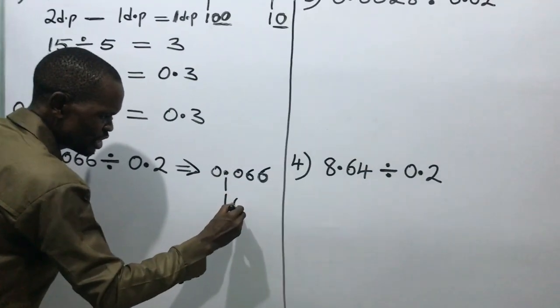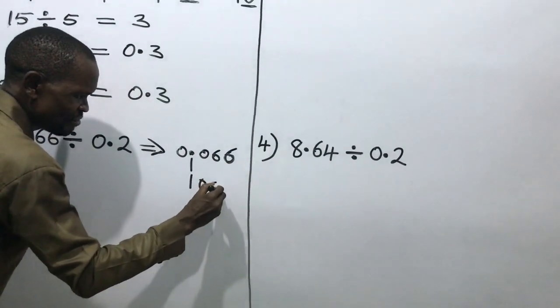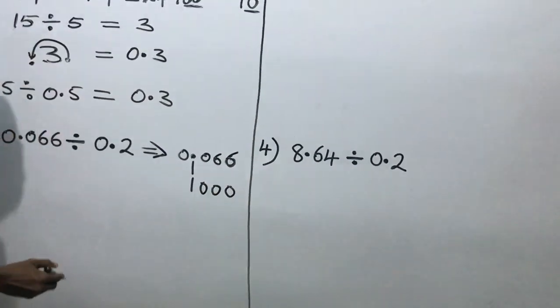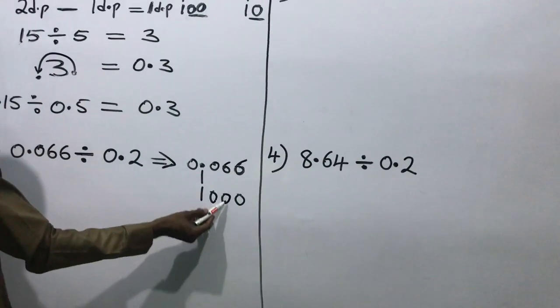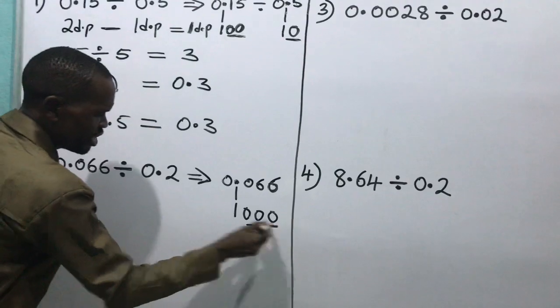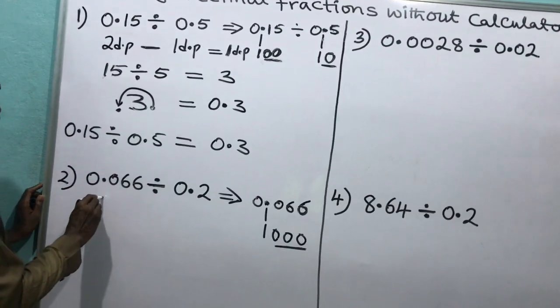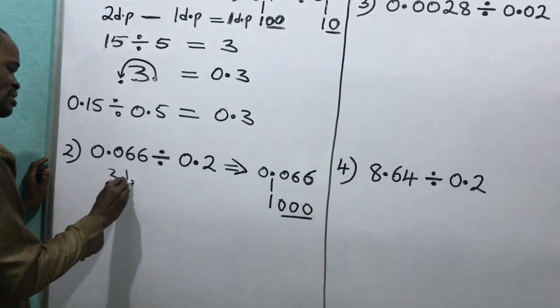Then this 0 is 0. The other values after this point are represented by 0. That means I have 0 for 6, 0 for another 6, and 0 for the 0. How many zeros do I have here? I have 3. That means this one has 3 decimal places.